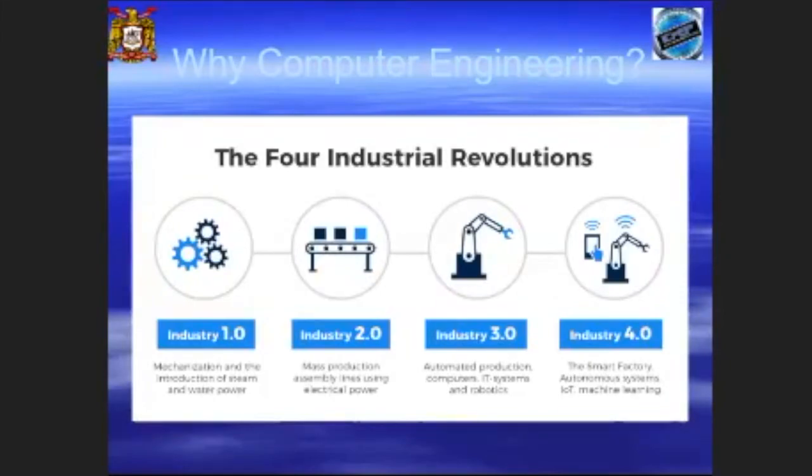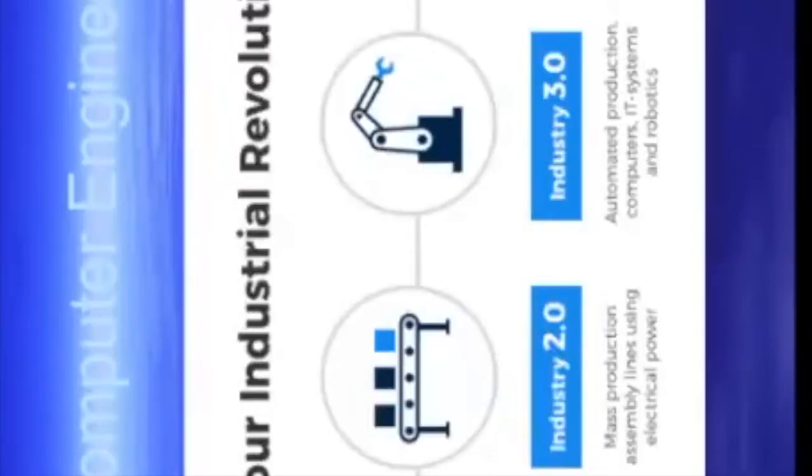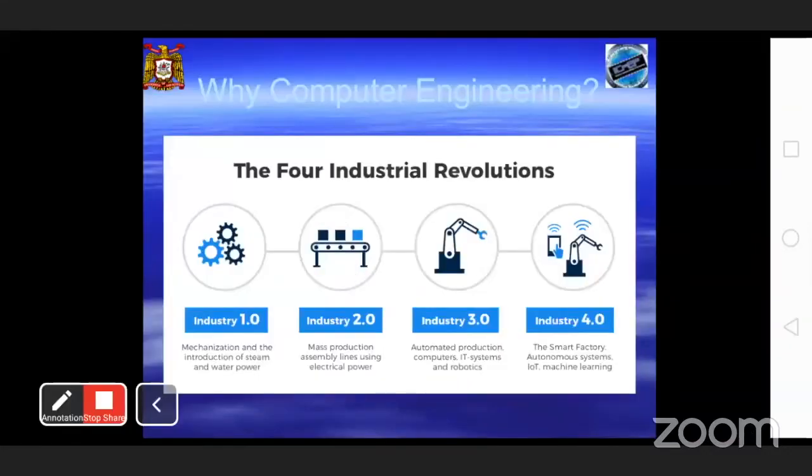Right now we are said to be in industrial revolution 4.0, where, for example, factories become connected, and we call this a smart factory, and automation of systems is being done remotely. Imagine controlling and monitoring a factory online. We can do this with the use of your mobile phone.